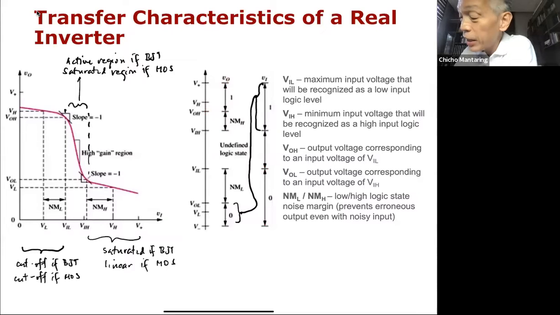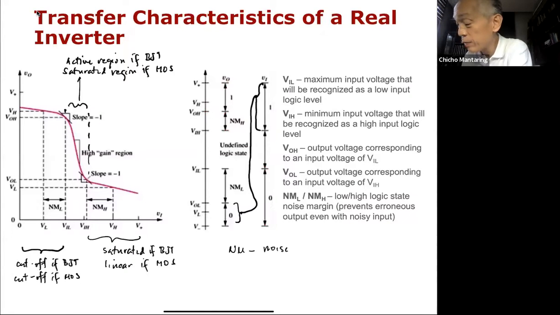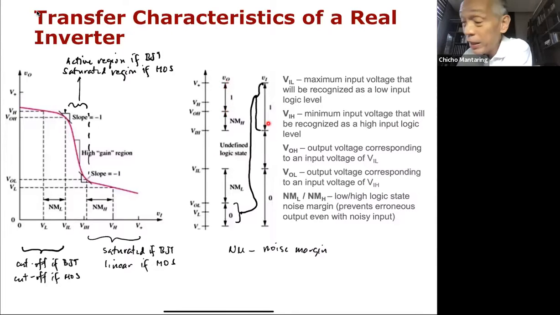Okay, this is what I call my noise margin, NM. Okay, why is that called your noise margin? Because this is what my output is, itong range na to. But hanggang dito, it is still accepted as a 1.